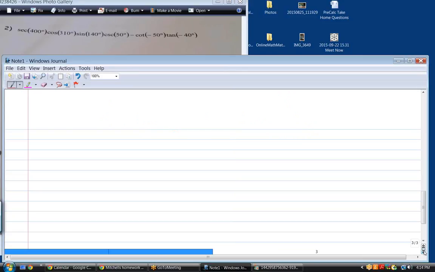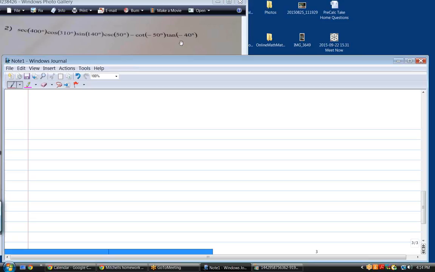All right, so when we first look at this, I see 1, 2, 3, 4, 5, 6 different angles. Every one of those angles is different. First of all, we don't know yet which angle we're going to turn everything into.